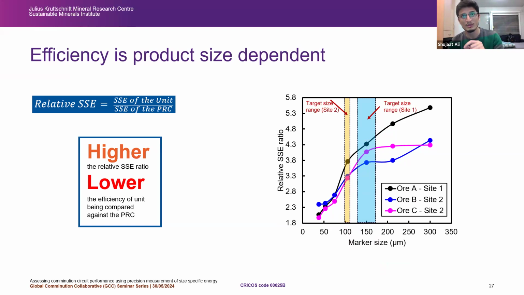For site one, the product size range was somewhere around, I think, 120 to 170 micron, because these size ranges are desired for flotation recovery, which can only perform well within a certain size range. And likewise for site two, the desired size range was somewhere around 100 to 110 micron, right?